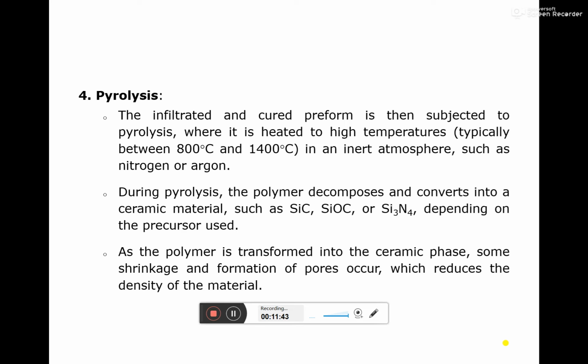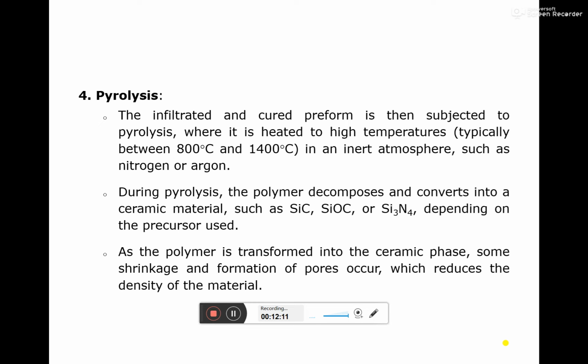You maintain the temperature for a certain duration, due to which the polymer is transformed into the ceramic phase. During that process, shrinkage and formation of pores may occur, which reduces the density of the material.